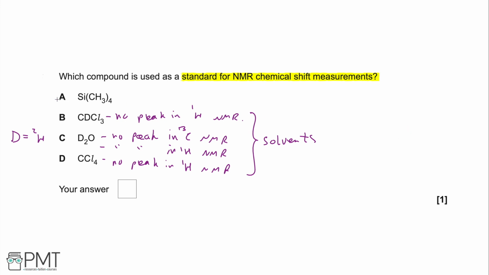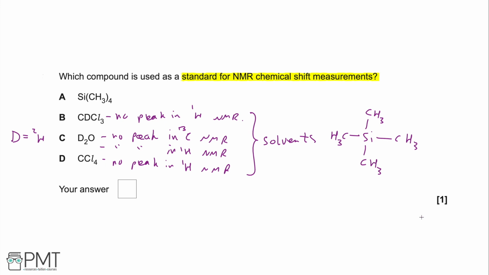tetramethylsilane, and this is a really good NMR standard because we have lots of carbon atoms and hydrogen atoms in the same environments. So we've got 12 hydrogens that are all in the same environment.